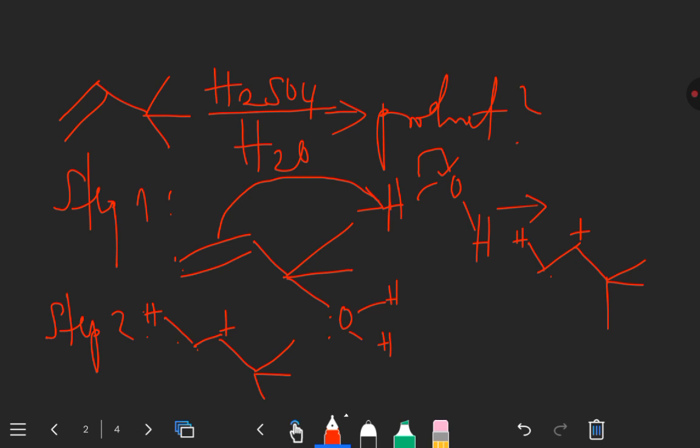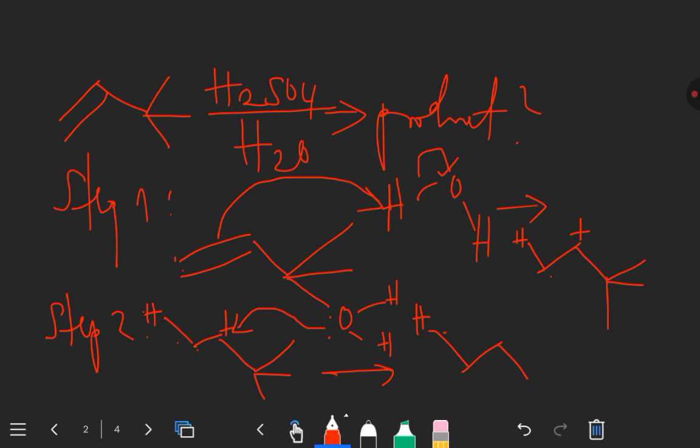So this water has lone pairs. So these lone pairs will attack this carbocation. Then what we are going to form will be something of this kind. So we'll form this compound, hydrogen there. Okay, so we have this.